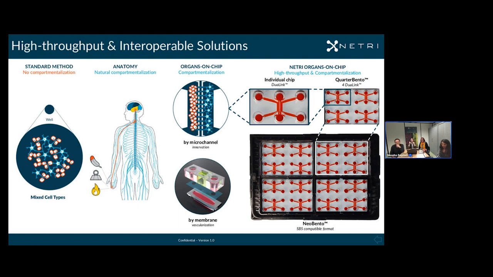In those devices, you can, for example, culture one type of cell, such as neurons, in a first channel, and in another channel the target cells or the target organ. This enables a model of innervation.